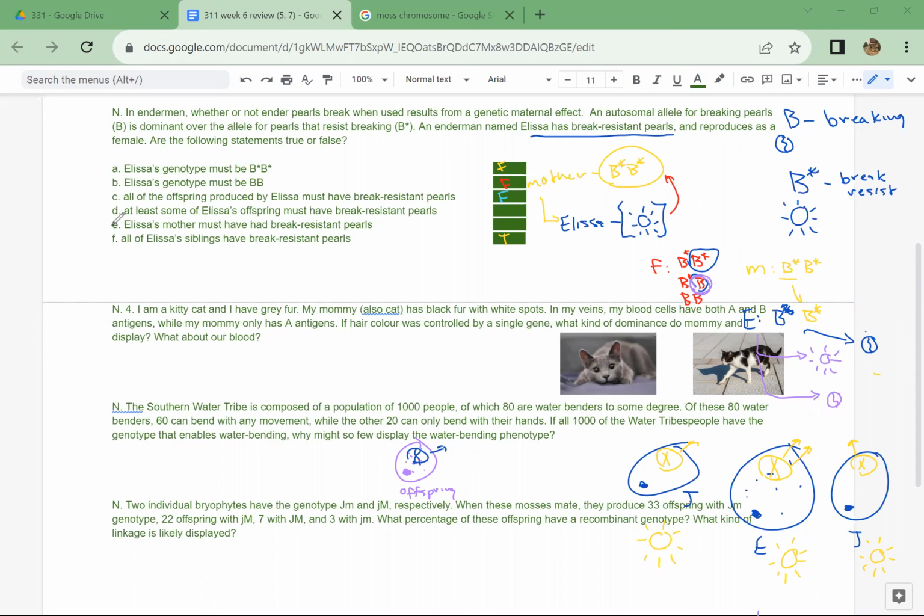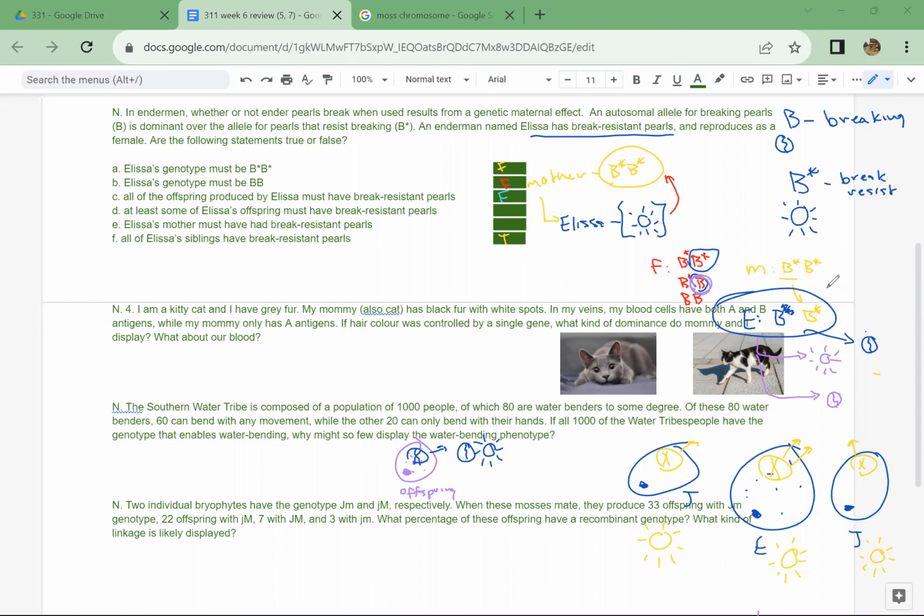So is it true that at least some of Elisa's offspring must have break-resistant pearls? Well, the phenotype that they express, whether that is breaking or break resistant, is dependent on Elisa's genotype.